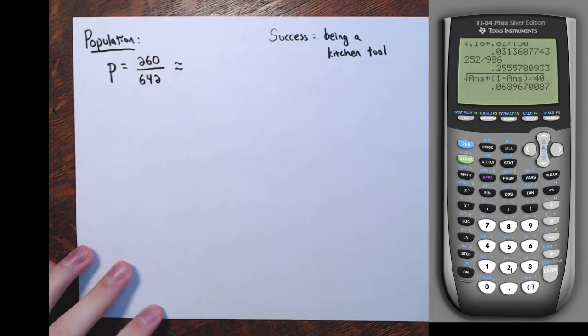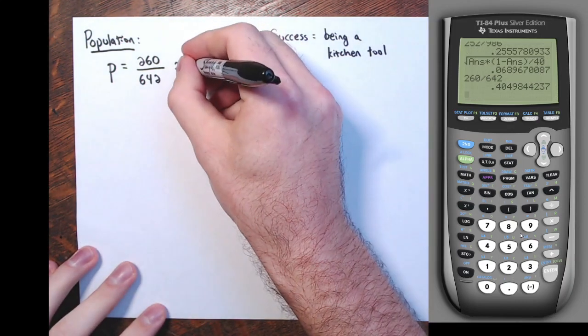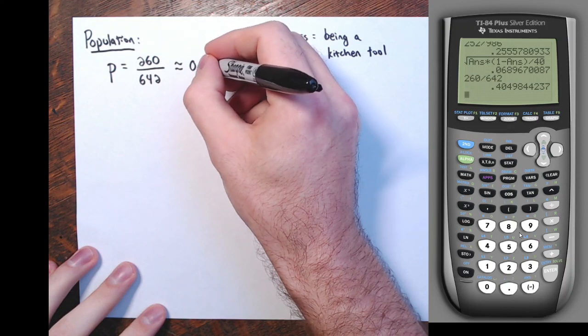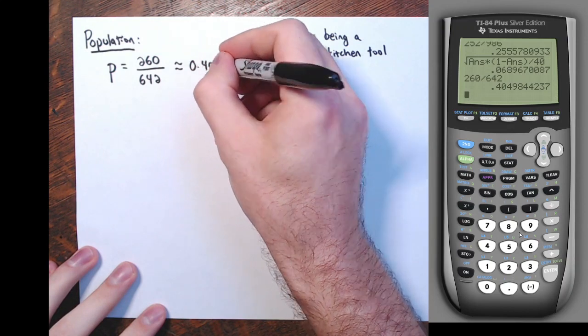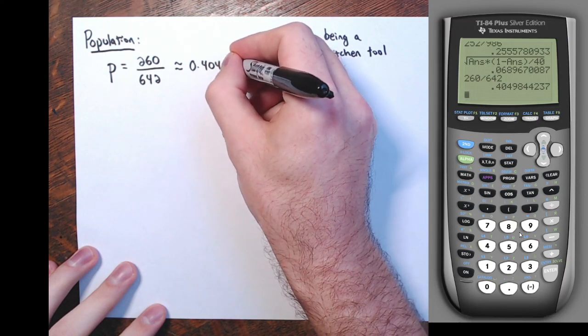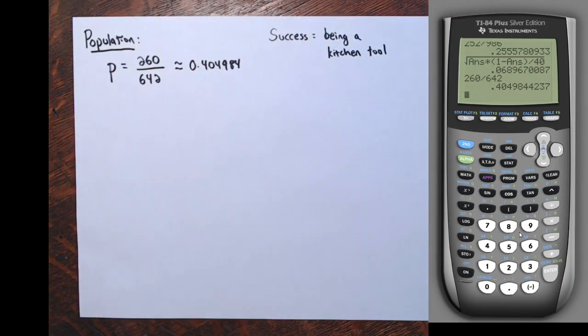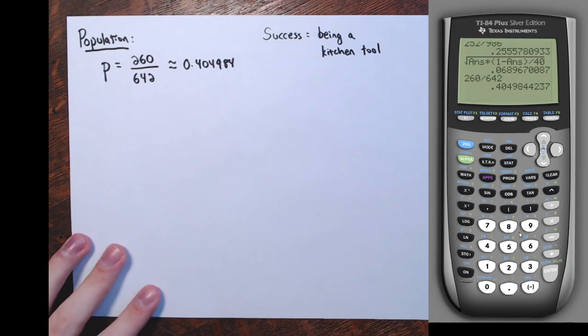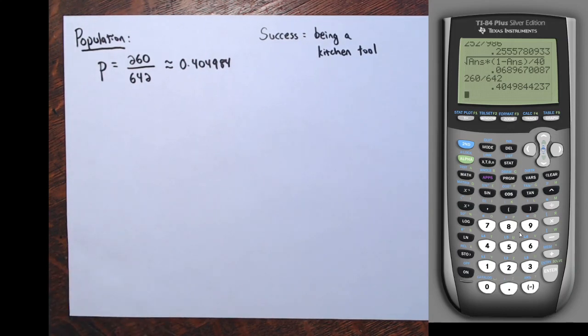Right, so this is approximately, so I'm going to pull my calculator up. 260 divided by 642. All right, so it's approximately 0.404984. So a little over 40% of the items in this store are kitchen tools.